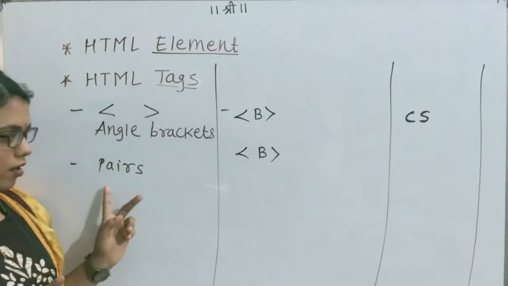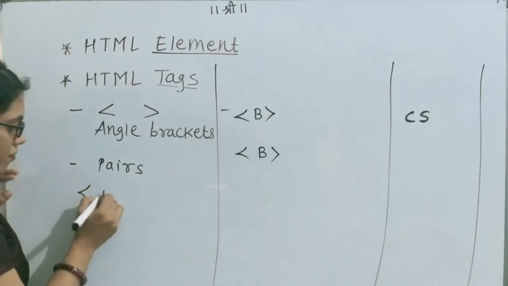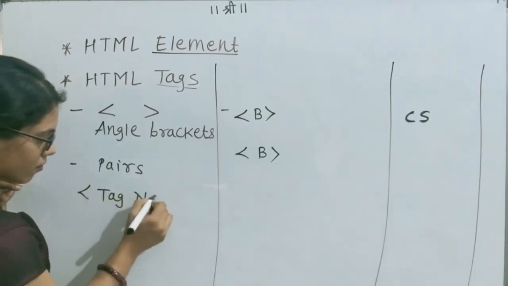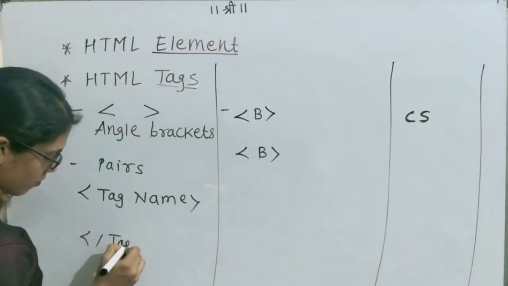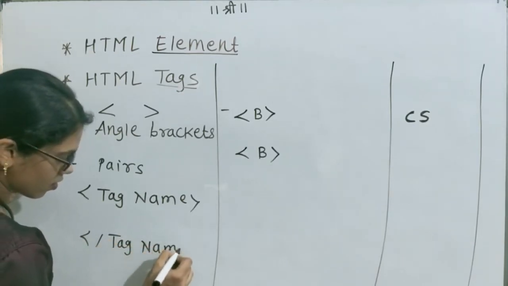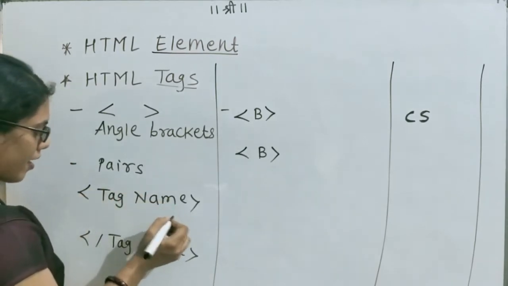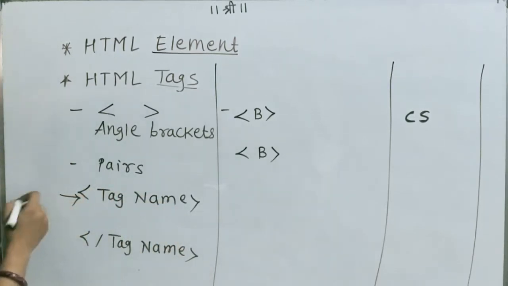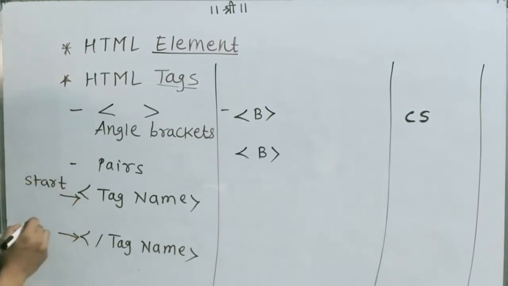Out of the pair, the first tag is known as the start tag. The first tag is known as the start tag and the second tag is known as the end tag.